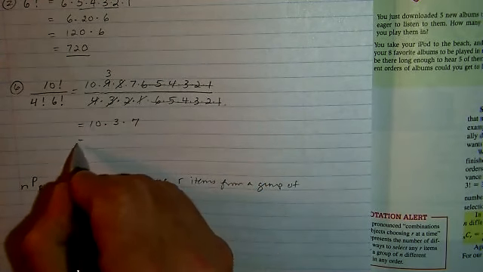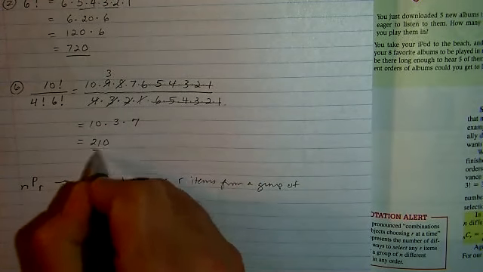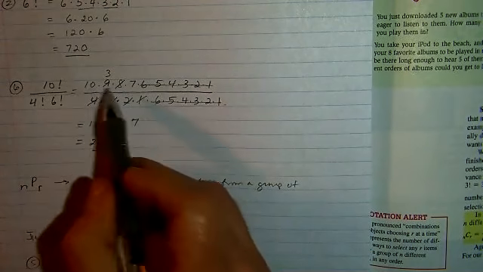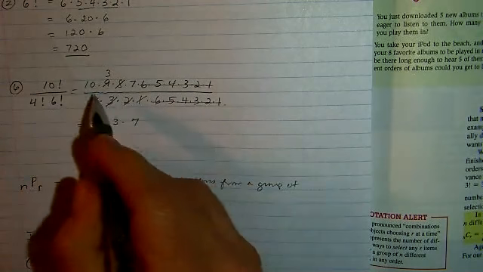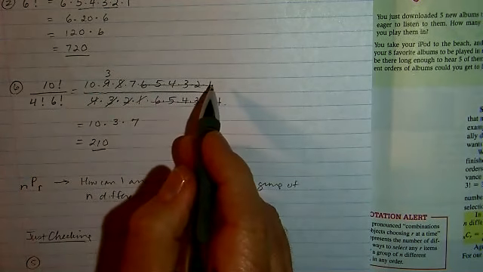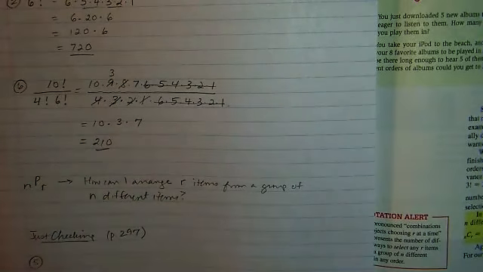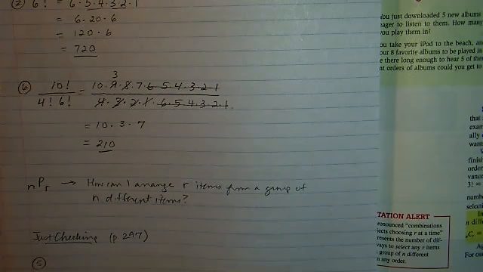Okay, so that's 10 times 3 times 7. 3 times 7 is 21, times 10 is 210. Okay, so the factorial gives us this string, this product, but in expressions like this, we're not going to multiply that whole thing out, because what's going to happen is a lot of it's going to cancel out. Okay, so in this example, the answer is 210.